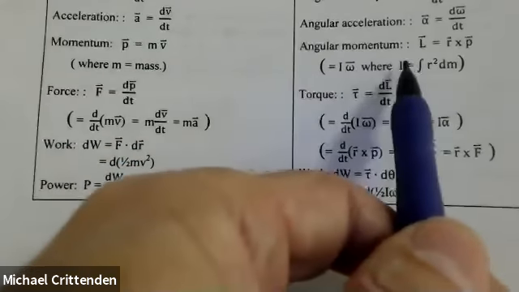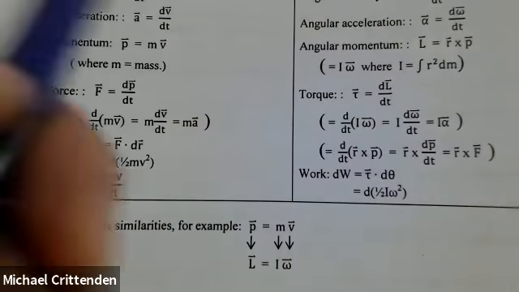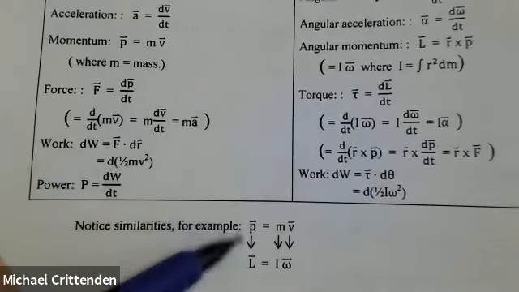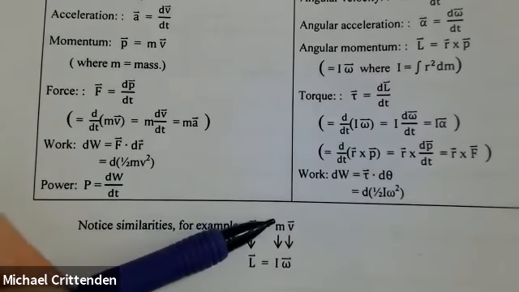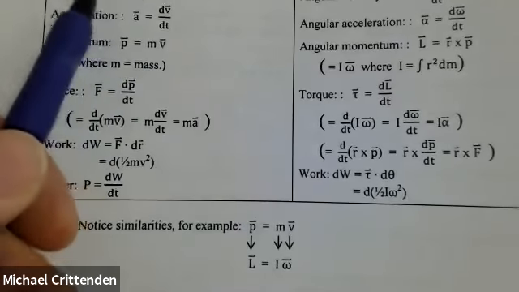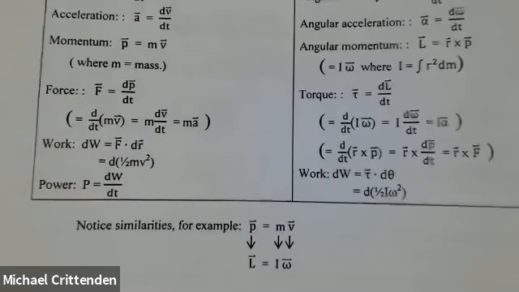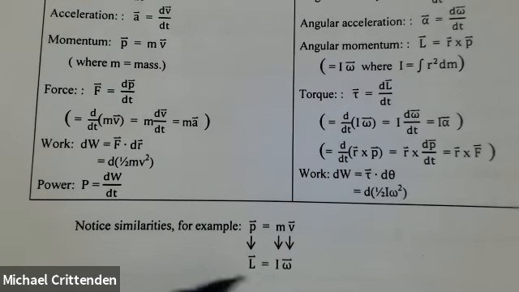The moment of inertia tells you how much angular momentum you have at a given angular speed. So M corresponds to I. P corresponds to L, M corresponds to I, V corresponds to omega. If you got the little table, you don't really need the formula sheet because it's the same formulas over again.